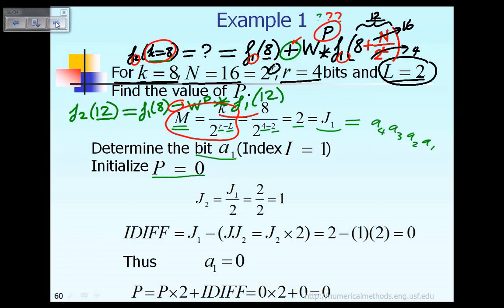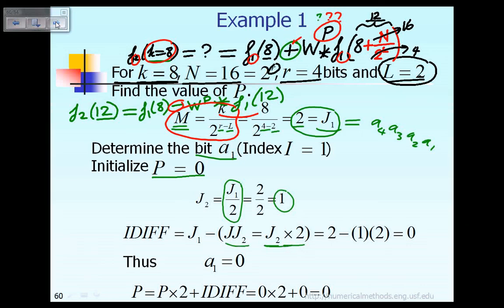Then, after that, you take the initial value of m, which is the same thing as j1. You divide by 2. So j1 is equal to 2. Divide by 2. You get j1 equal to 1. Then, what you do after that, you take the value of 1 that you just calculated, you multiply by 2, and the answer you call jj2.